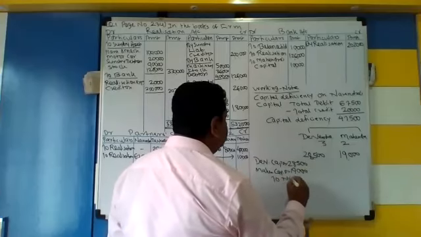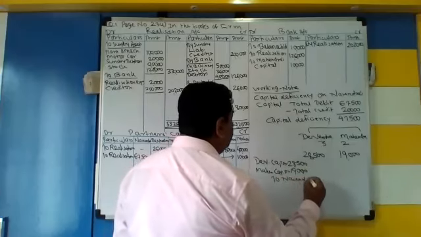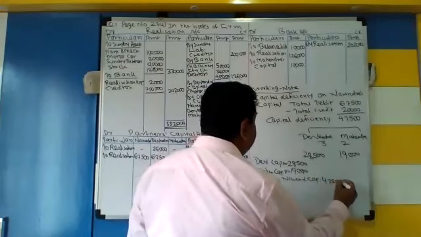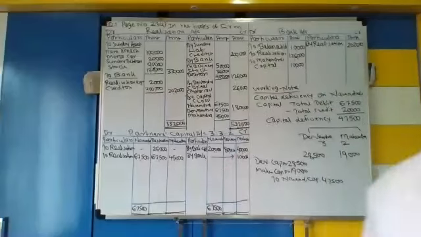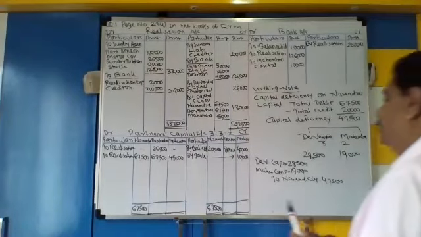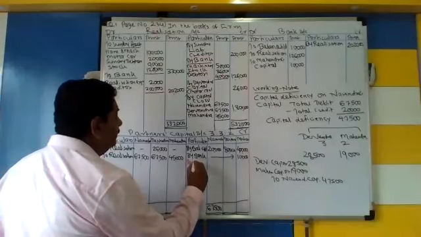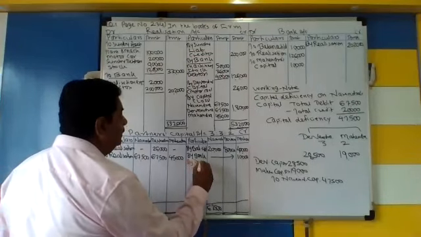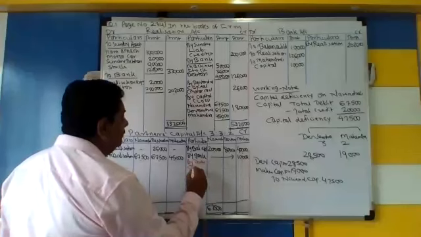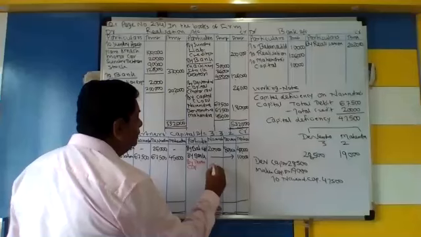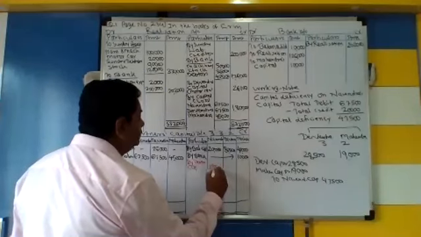So that is the actual entry which is expected. Now, how to do the posting for the entry? Look here, I am writing with the red color. By Devendra's capital, amount in the column of Narendra, 28,500.